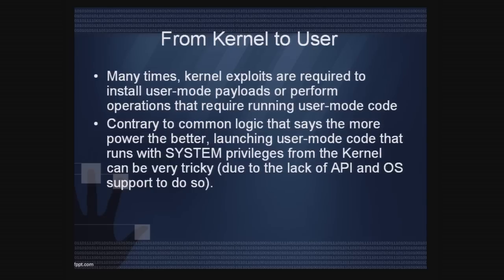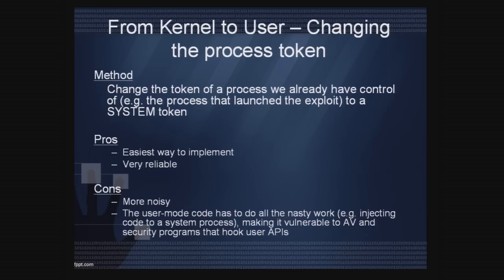So let's look at a few ways that this can be achieved. The first and most common technique that people use is to change the process token, which is basically very simple code. You find the token for a system process and change it in the, I think it's in the KPROCESS, and you got your process, whatever process that you're running in, a system token.